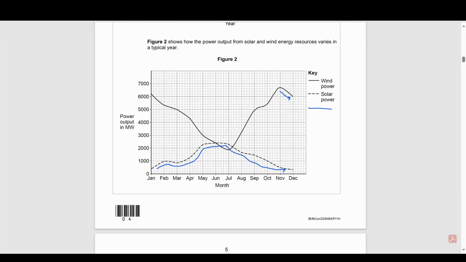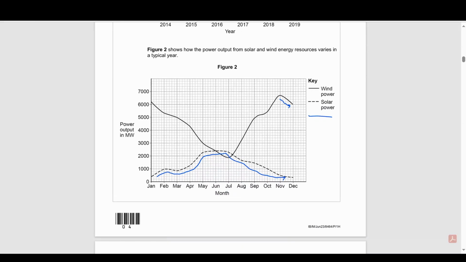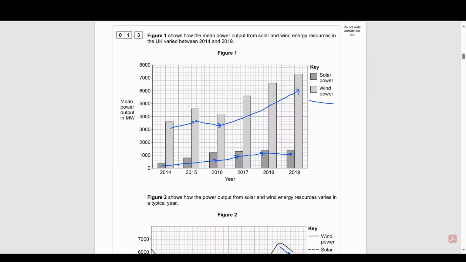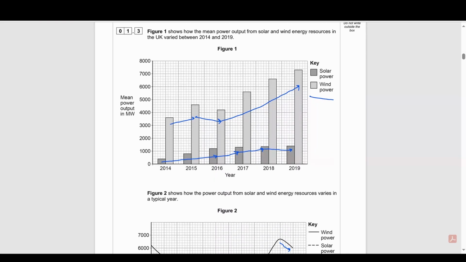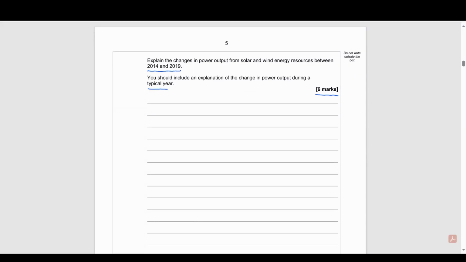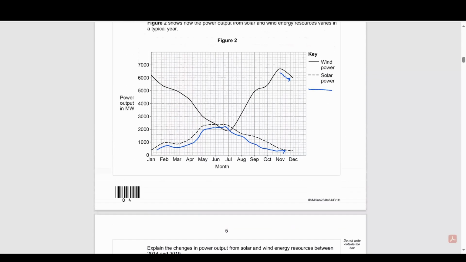So let's just start by stating those changes that we have seen. So we can say that 2014 to 2016 there's a fluctuation, because remember that we're dealing with the whole time period, 2014 to 2019. So we're starting then with our solar power, so we can discuss that first.